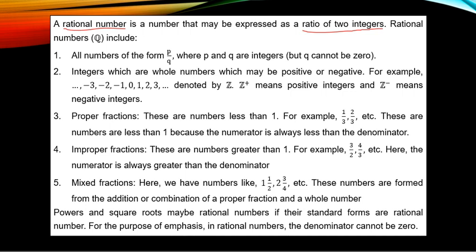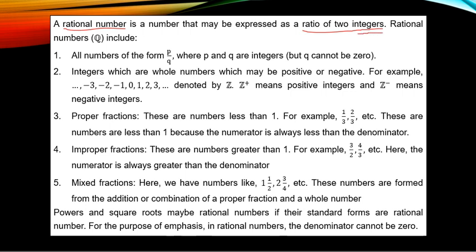For instance, s ratio y, that is s:y, can also be expressed as s divided by y. So a rational number is a number that may be expressed as a ratio of two integers. The next keyword there is integers.